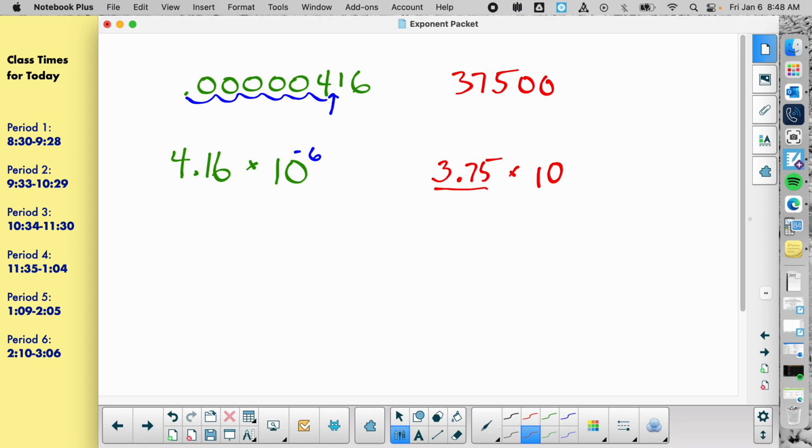So 3 is just like the first regular number. So you're basically saying put the decimal right here. So how many spots was it moved? 4. 3, 4, good, okay. Positive 4. Good.